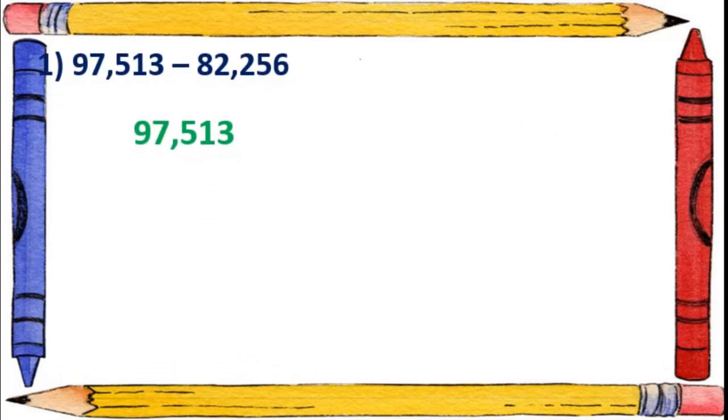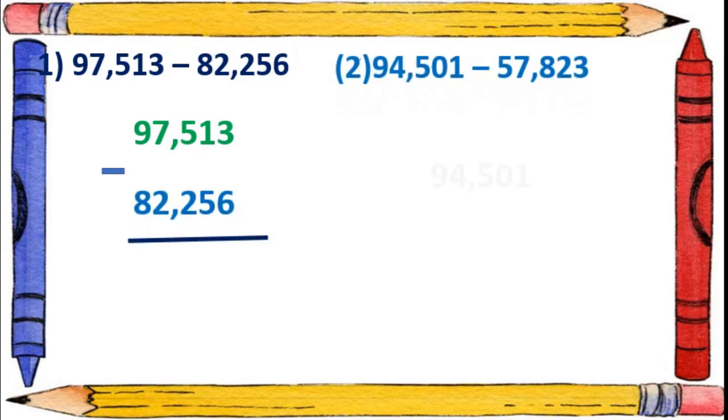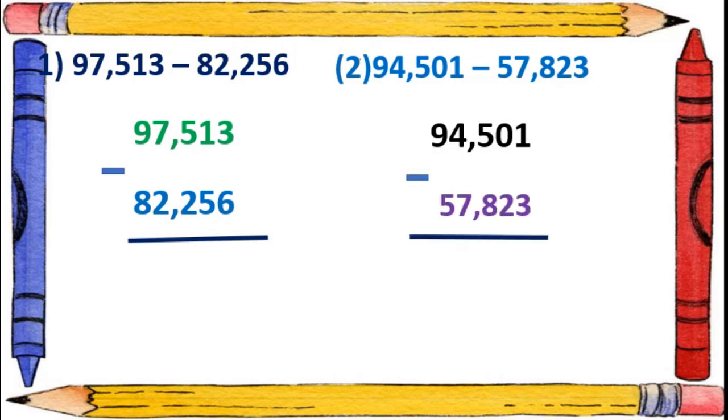Students, here we will go for subtraction with borrowing of 5 digits without drawing a table. See, this is the first sum and this is the second sum. Yes, students, you try this, you stop the video, you do this sum and then you check your answer with mine.